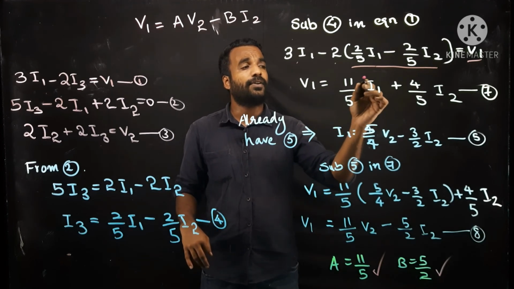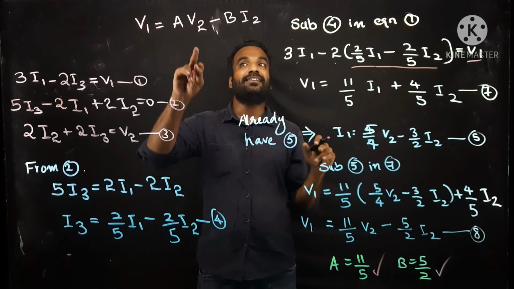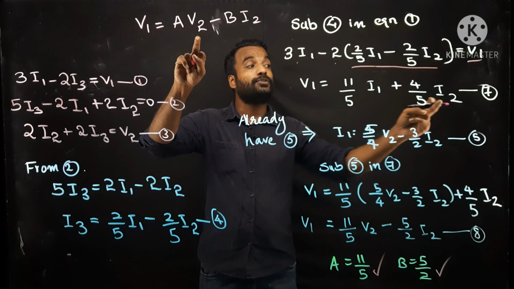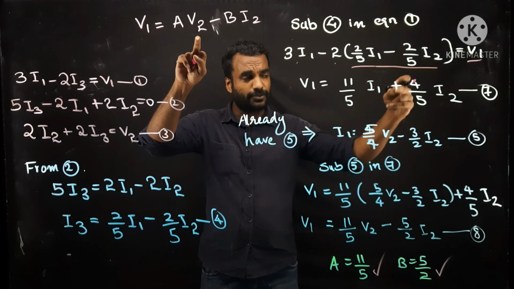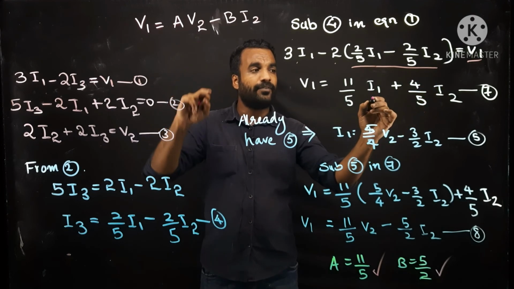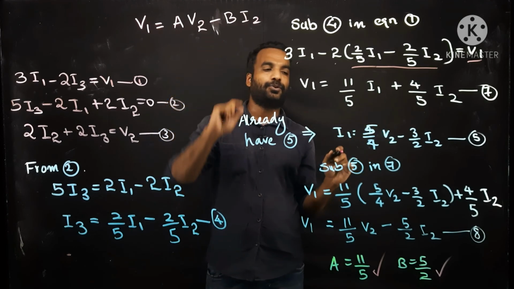So I1 should be substituted with some other equation which is having V2. V2 should be there. And I2 is also permissible in that substitution because I2 can be further solved with this term. Is it clear? I1 should be substituted in terms of V2 and I2.